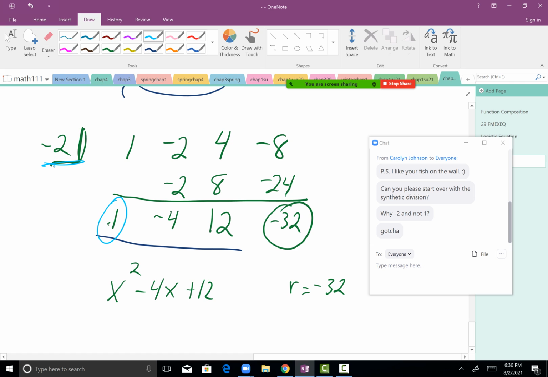So now we're taking negative 2, multiplying it by 1, and that gives us negative 2 right here. Then I added them. So now I'm going to take this negative 4, multiply by negative 2, and I get 8. So then I add that up. So now I have this thing. So I take 12 times, see, I'm always going to this thing right here, and that gives me negative 24, and I add. Now I'm done because I got nothing else.